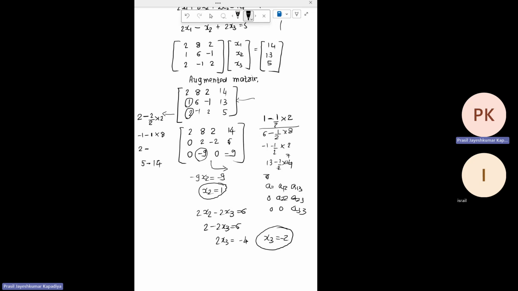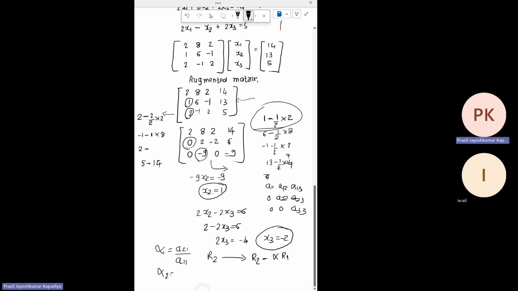What we did here, that I want to show you. For this part, we first defined some alpha, that is this ratio divided by this ratio, alpha 1, a21 divided by a11. And we replaced row 2 with row 2 minus alpha times row 1.